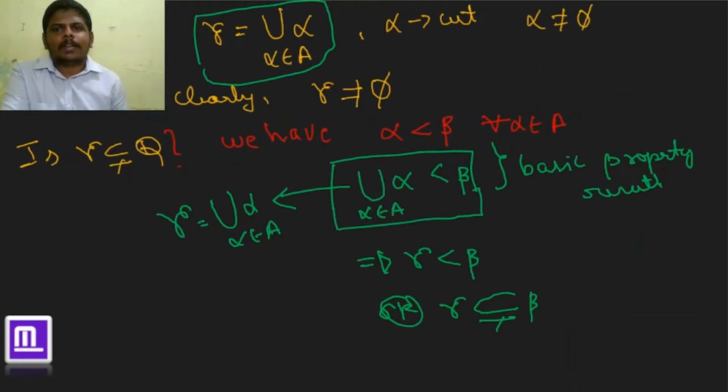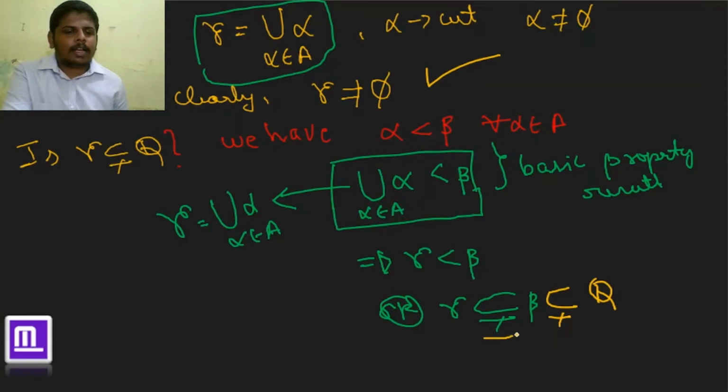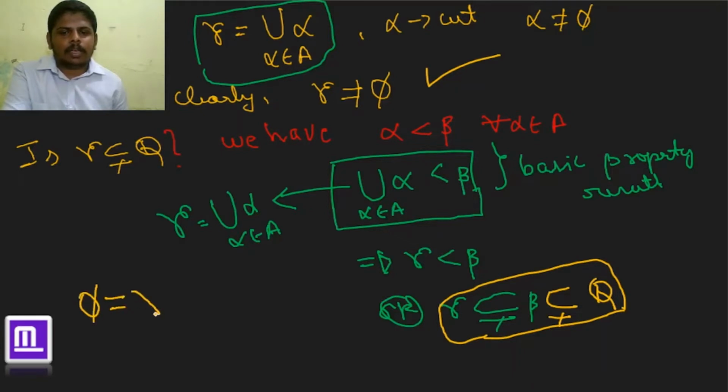Since beta is one of the cuts, beta is a proper subset of the rational numbers. So from this, gamma is not equal to the null set as well as a proper subset of the rational numbers. So this is our property number 1.